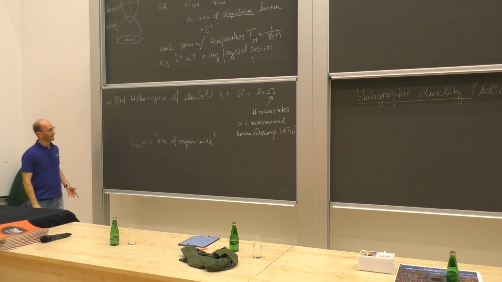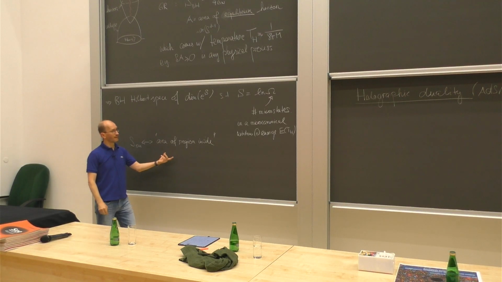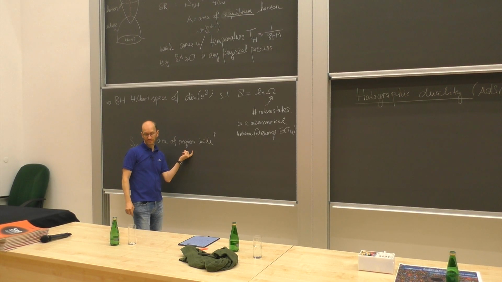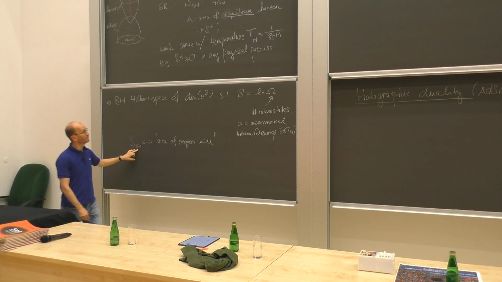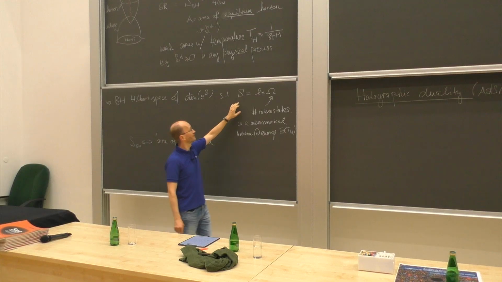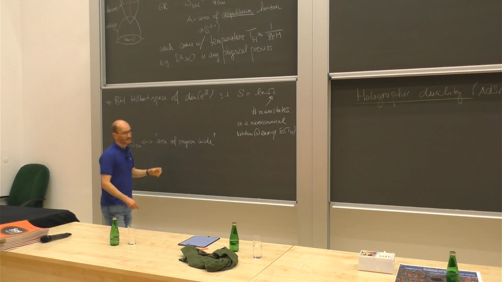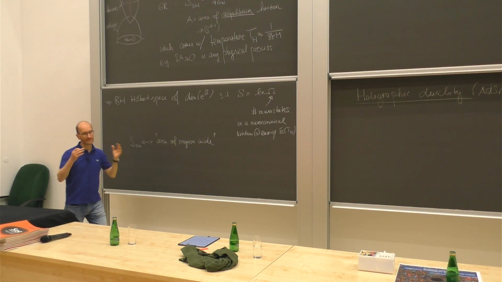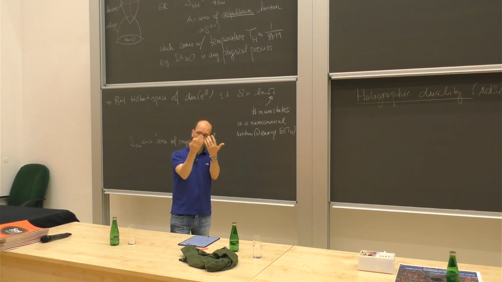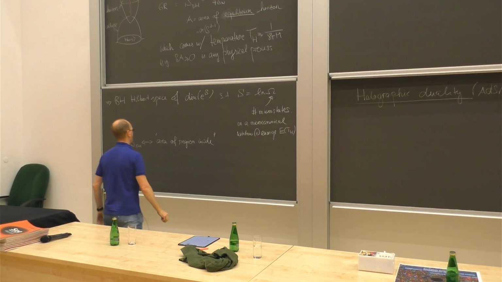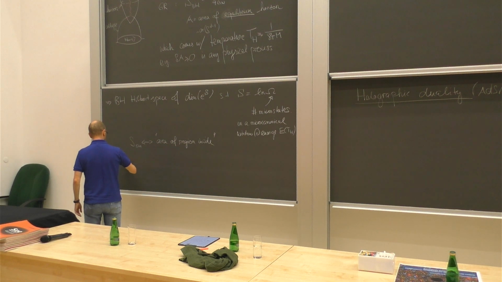Even though you have a volume of space or space-time, the number of degrees of freedom, because we said that the number of degrees of freedom will be the log of the entropy, is extensive with the area and not extensive with the volume of that region. So it's as if everything was projected onto the boundary of that region. And this idea is basically encapsulated in the so-called holographic principle.